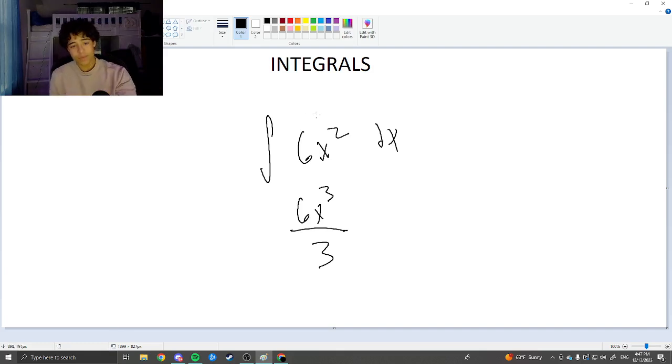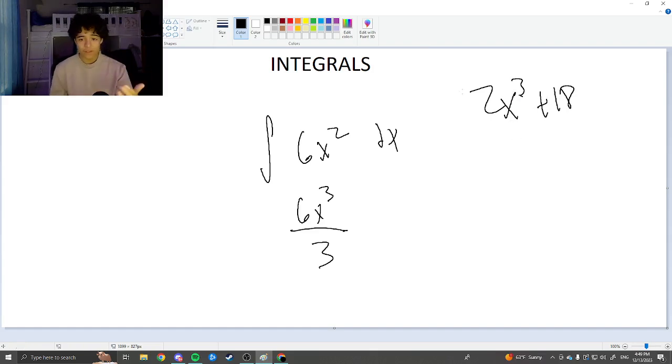One more thing you need to know is that if there's no condition set here, and since when you derive something, any constants go away, let's say we had the function 2x cubed plus 18. If we derive this, we get 6x squared, and this 18 goes away. So to compensate for that, when we integrate something and we don't know the bounds of it, this is called an indefinite integral.